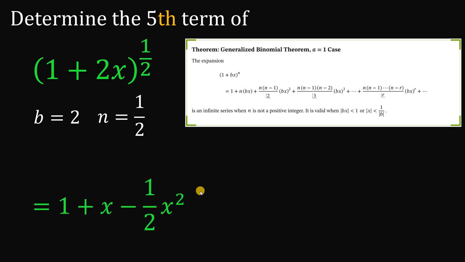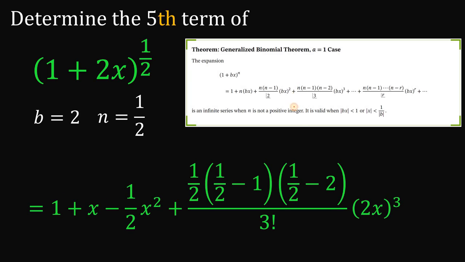So, the fourth term must be equal to n multiplied by n minus 1 multiplied by n minus 2 over 3 factorial multiplied by bx raised to the power of 3. So we have 1 half times 1 half minus 1 times 1 half minus 2 over 3 factorial multiplied by 2x raised to the power of 3.